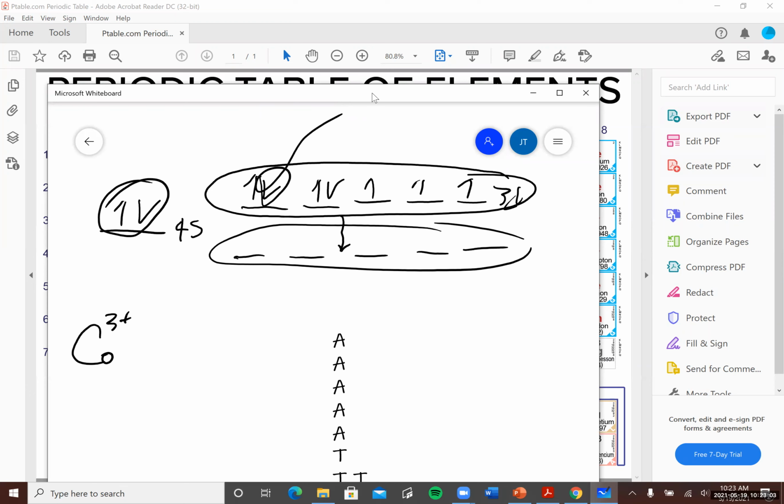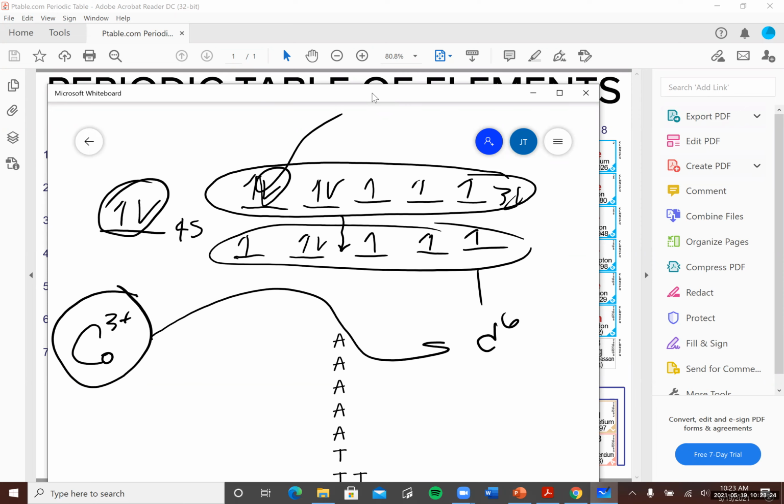So I'm left with 1, 2, 3, 4, 5, 6. So it is a D6. Cobalt 3 plus has 6 electrons in the d orbital. And that's because there's this shifting that takes place between the s and the d's.